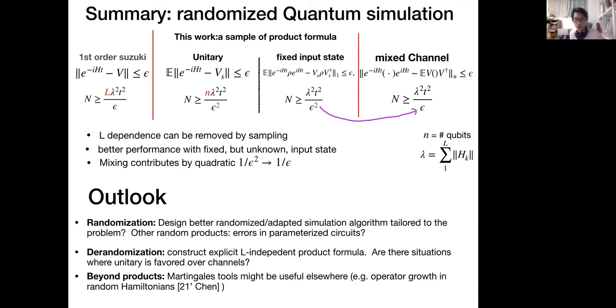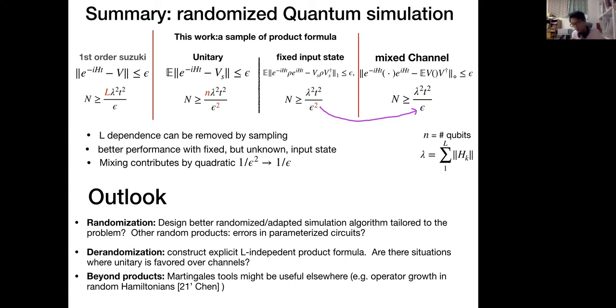And in terms of future work, we hope our understanding would allow better designs of randomized simulation algorithms. And also, these techniques apply to any random products. And in a different direction, you can ask about de-randomization. So far, our construction is not explicit. It's only probabilistic, it shows existence. It'd be nice if you can construct explicit L-independent product formulas.